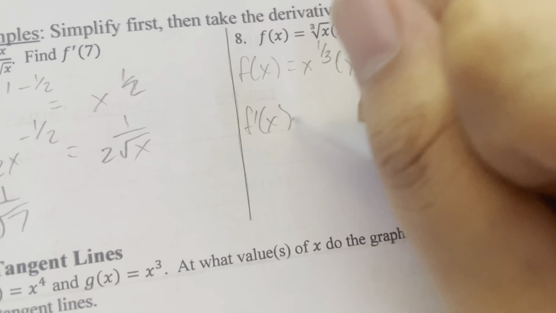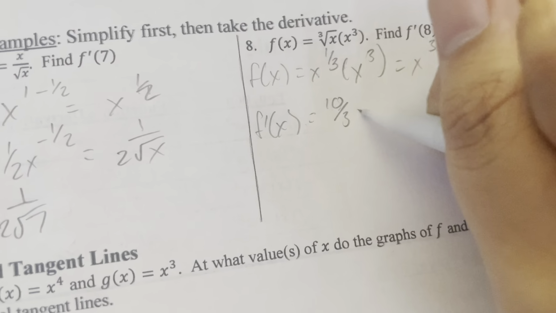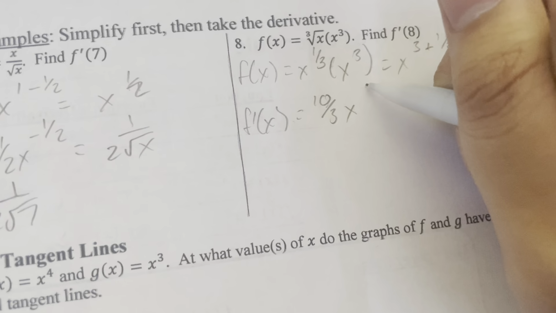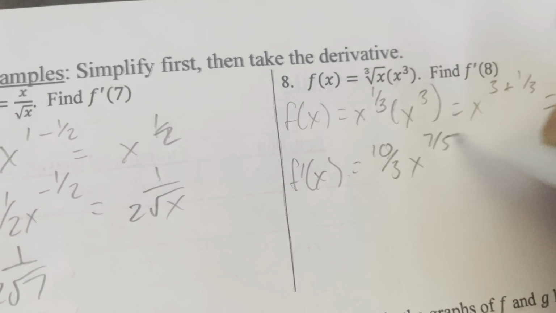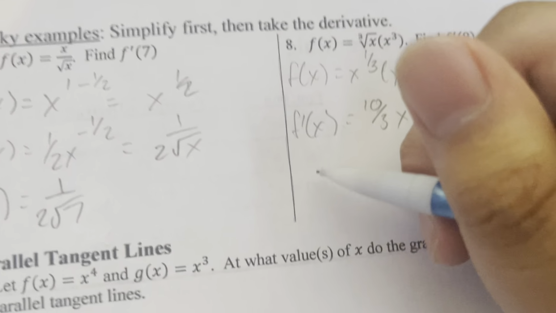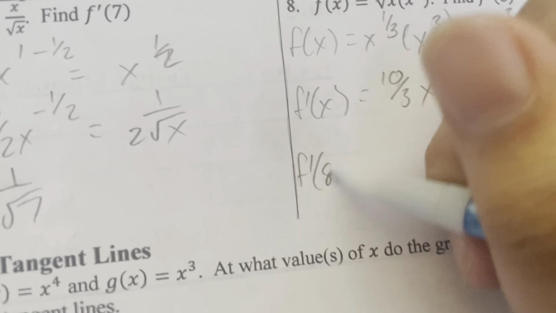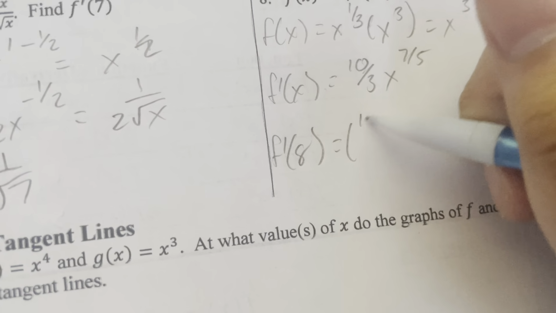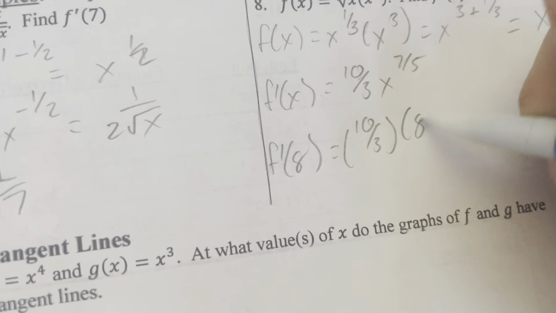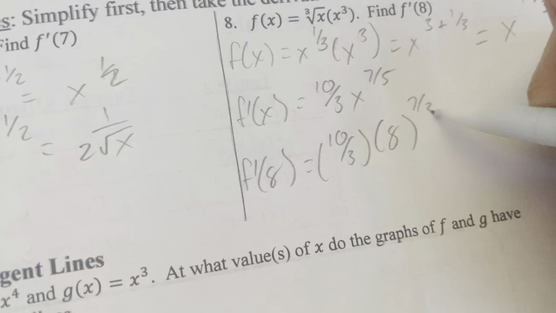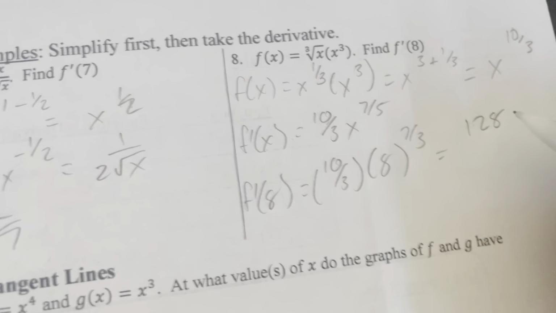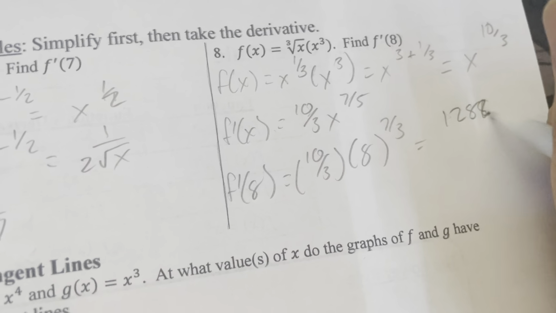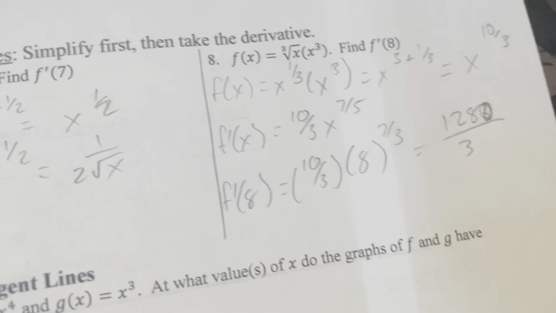Find the derivative. F prime of x equals 10 over 3 x to the power of 7 over 3. And then you plug in 8. So f prime of 8 is 10 over 3 multiplied by 8 to the power of 7 over 3. And this equals 1280 over 3.